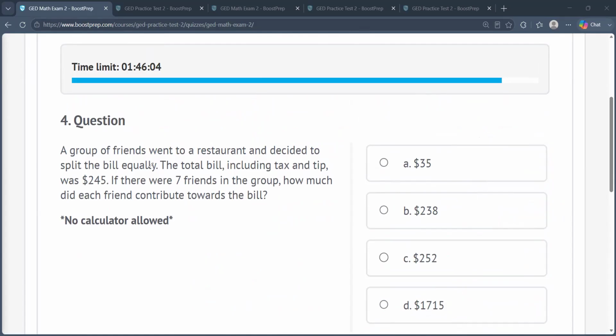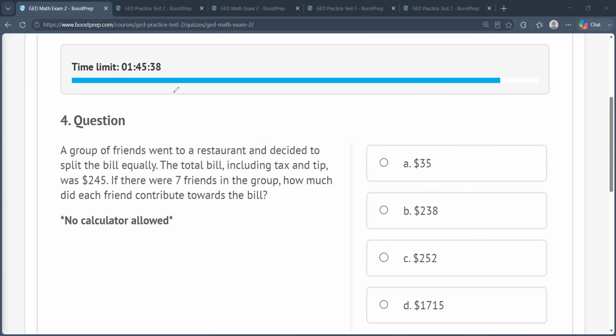Okay, question 4. A group of friends went to a restaurant and decided to split the bill equally. The total bill, including tax and tip, was 245. If there were 7 friends in the group, how much did each friend contribute towards the bill? So it's just simple division. There's no decimal, so we'll just try to round it to the whole number.